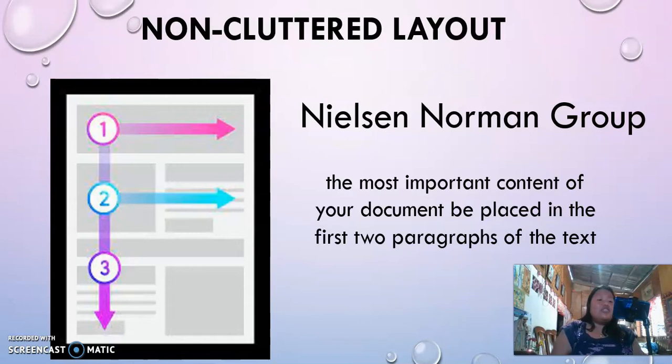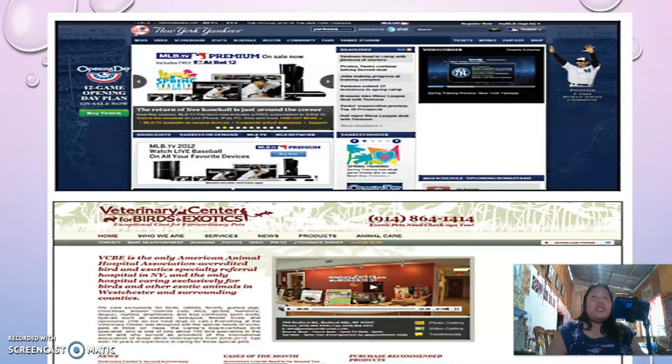So, search engines like Google also frown upon cluttered websites that load with difficulty. Okay, for your e-commerce site to gain the trust of customers and search engines, your layout must be great looking and professional looking. Okay, so take a look at the example.